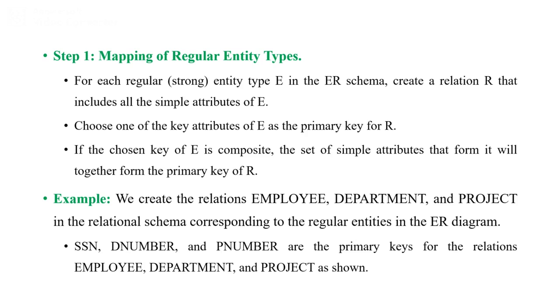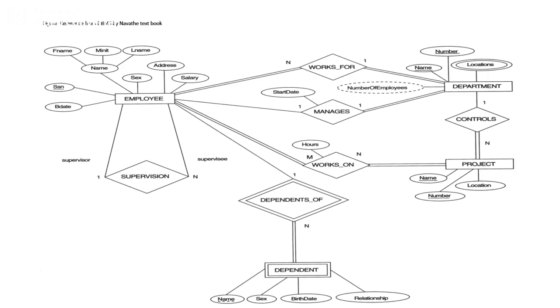These are the simple attributes of a relation R. These three attributes, SSN, department number and project number, are the primary keys for the relations employee, department and project, as shown in the figure.